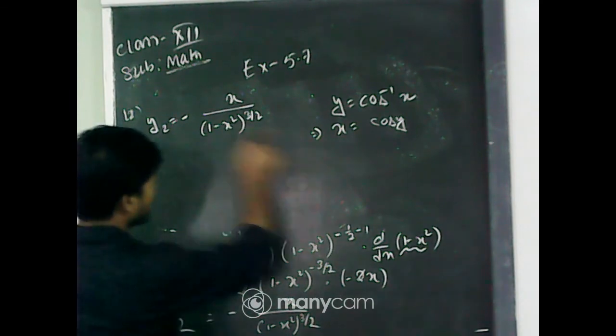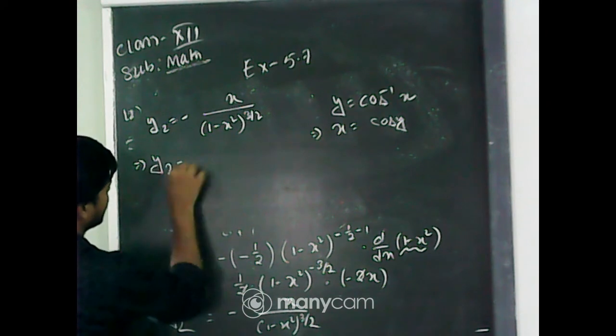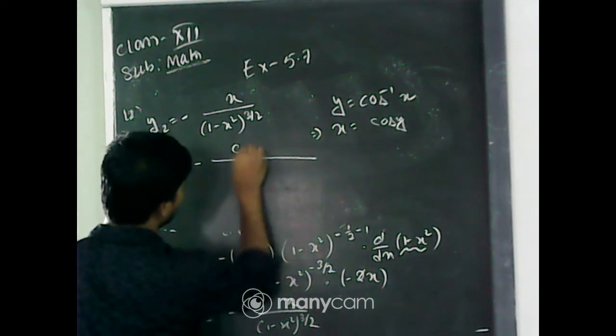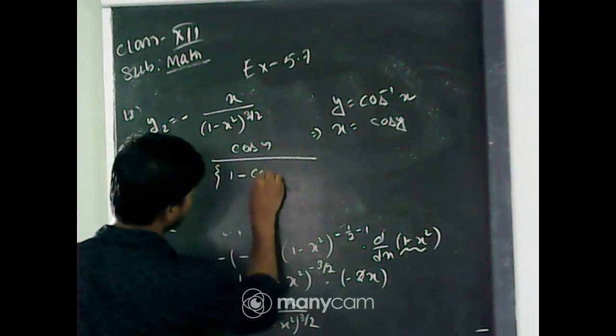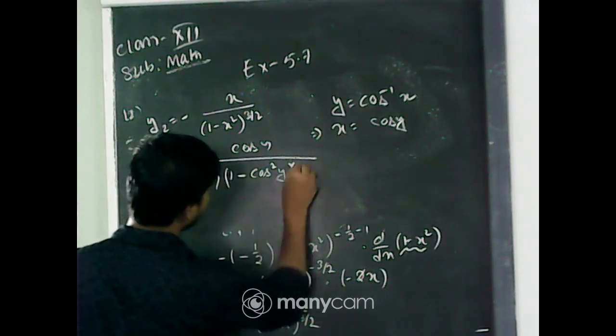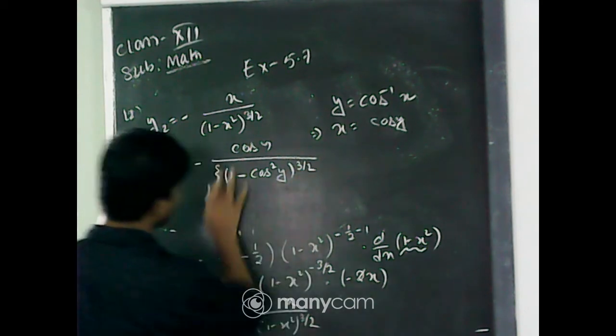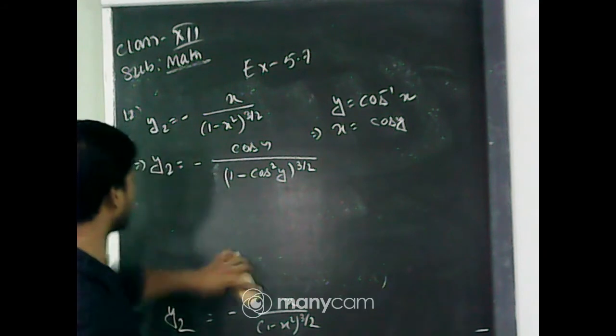If I put x equal to cos y here, that means y2 will be minus cos y into (1 minus cos square y) whole to the power 3 by 2. Now do the calculation.